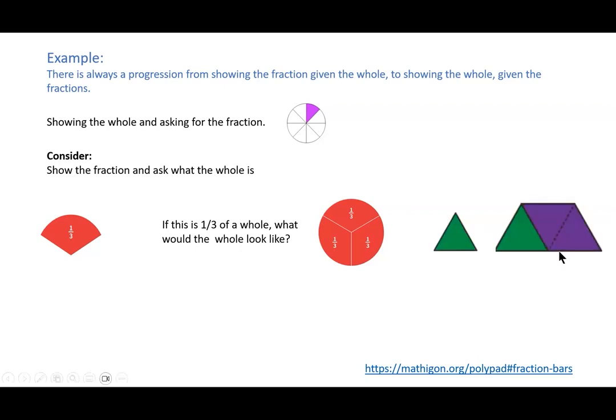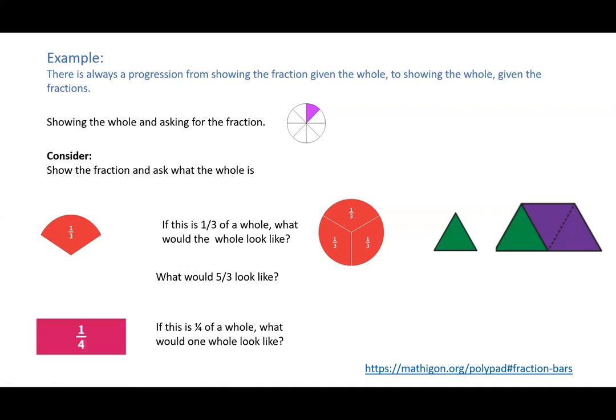Now, here's something a little bit different. You've got pattern blocks. If that green triangle was 1/3, what might the whole look like? Now, that's just one configuration. The student could do anything as long as they've got 3 triangles, because each one is 1/3, which I should have labeled. And then you could ask, what would 5/3 look like? But that's getting into improper fractions.